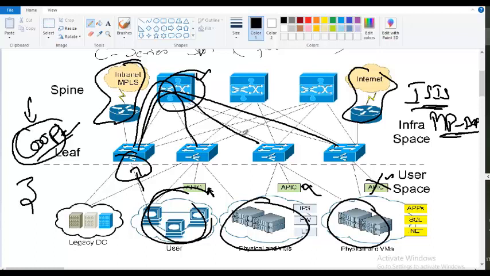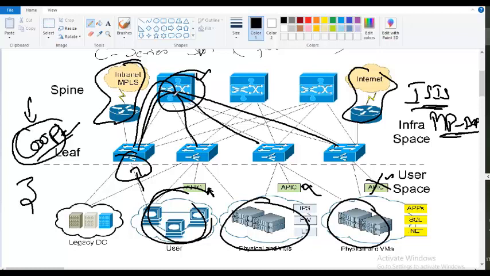The next is leaf. Do you have any question on spine? No question. So in short, the spine is acting as an RR. It distributes the route information.